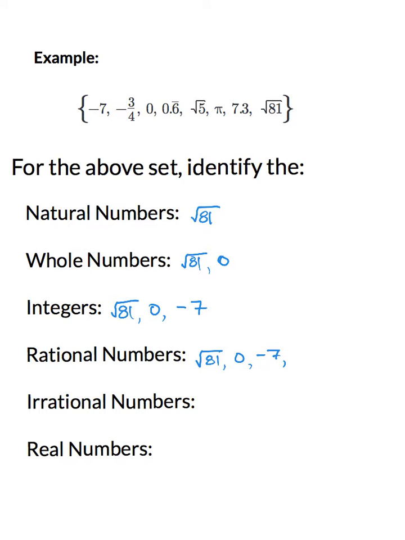So we have our starting numbers, and now we want to include any new numbers. So the first one we can include is negative 3/4 because it is a fraction. The second one that we can include is 0.6 with a bar over it. If it has a bar over it, it represents a repeating decimal.